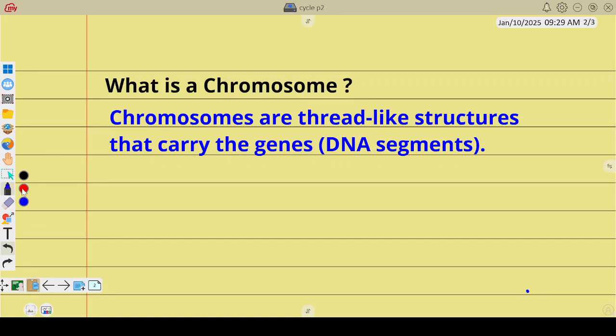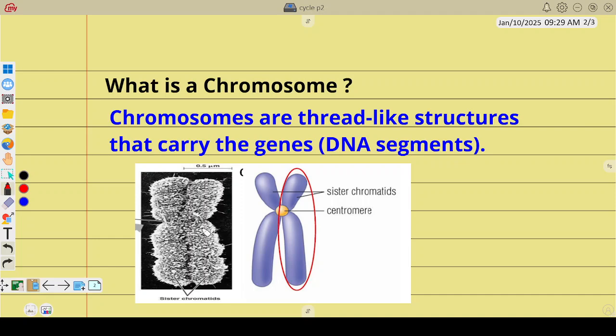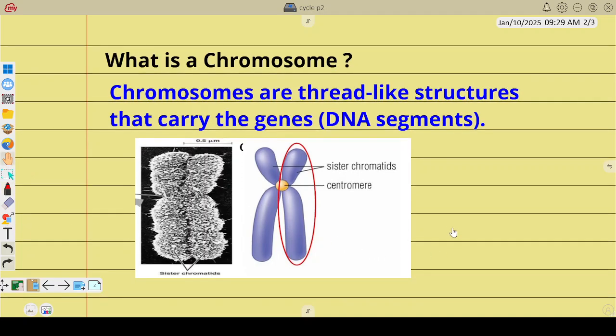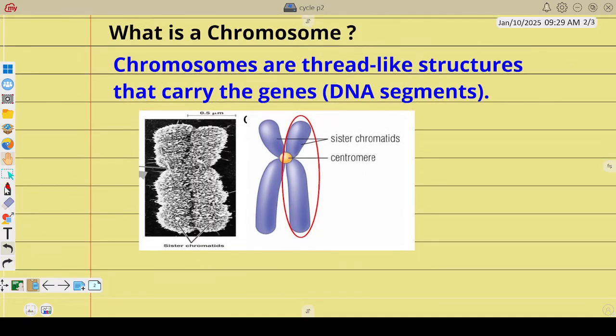So what are chromosomes? Chromosomes are thread-like structures that carry the genes. The genes are simply DNA segments. A chromosome will look like this one here. It's thread-like, like a thread.